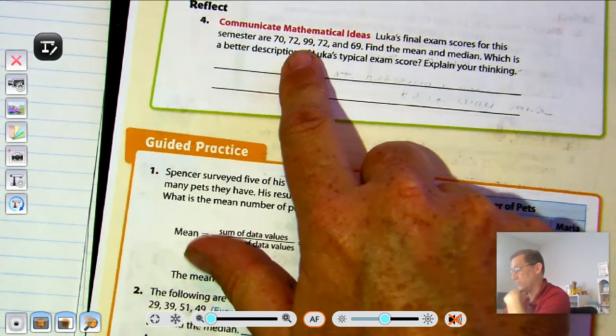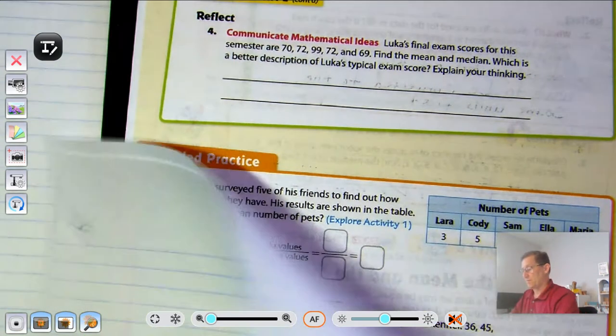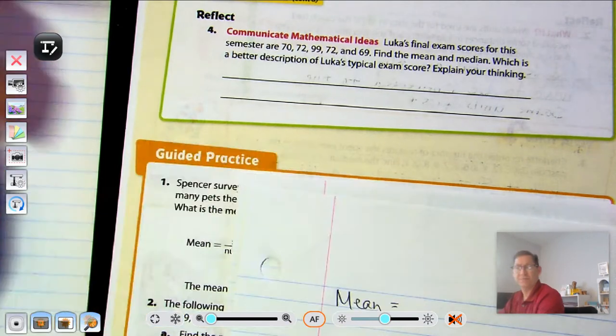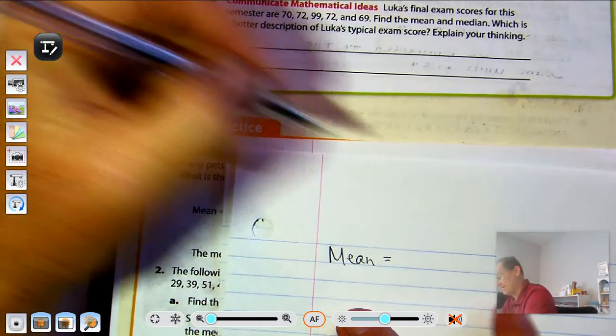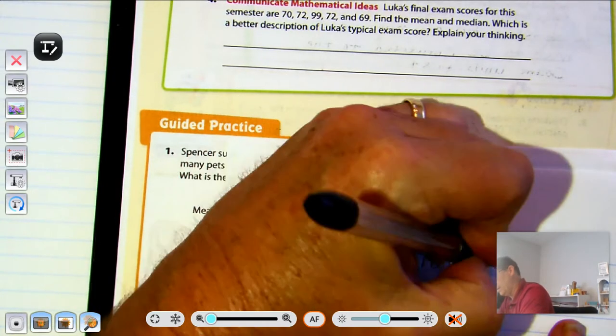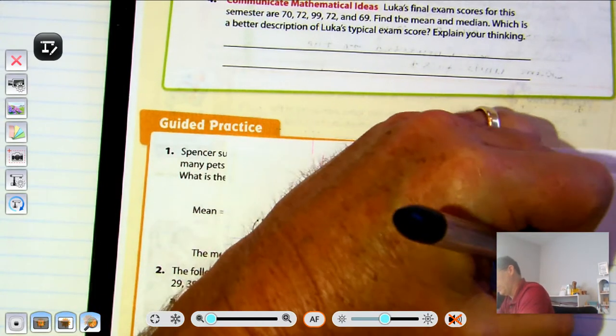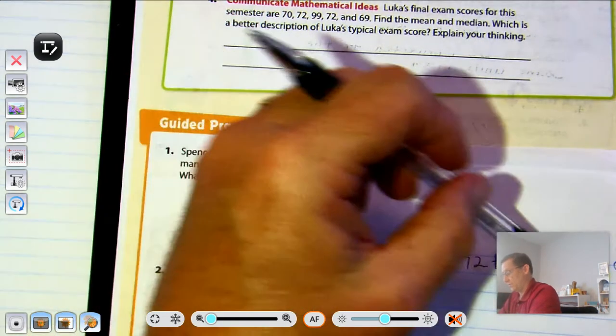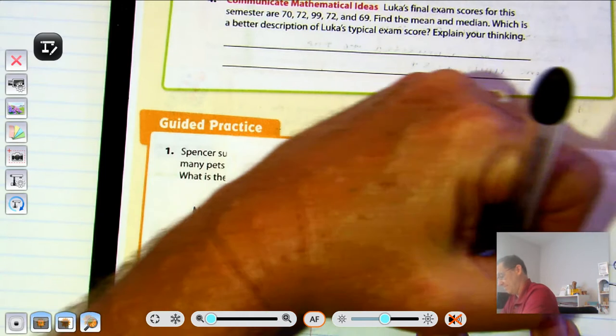But let's solve this. So the mean. How do we find the mean? We add up all the numbers in the data set. So we have a 70, a 72, a 99, 72, and a 69. And there's 1, 2, 3, 4, 5 pieces of data. All right.